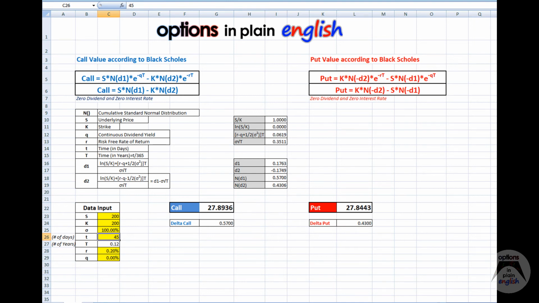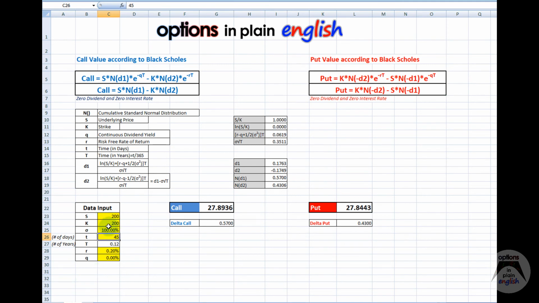And keep in mind, we are right at the money, and the deltas are not 50. Okay, the delta of the call is not 50, and the delta of the put is not 50, which is something that we, for the most part, assume when we want to do a quick calculation. You can see here that the delta actually depends on the implied volatility. Okay, because we're right at the money.